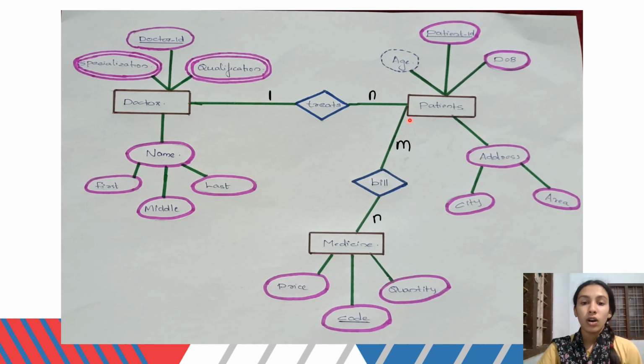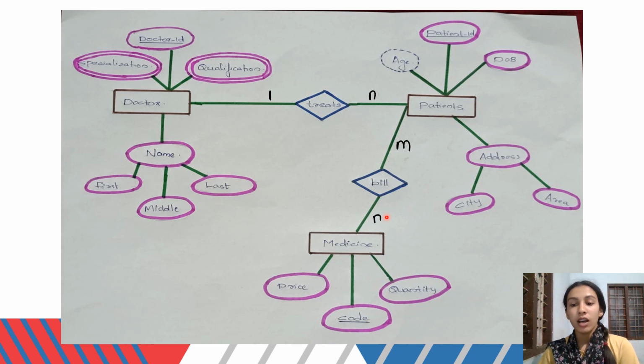And patient and medicine are two entities which have a many-to-many relationship, because there are multiple patients, and each of them has to pay for the medicine.